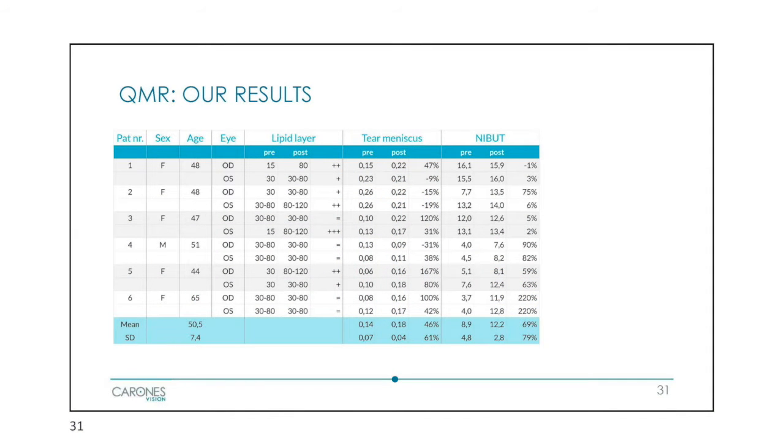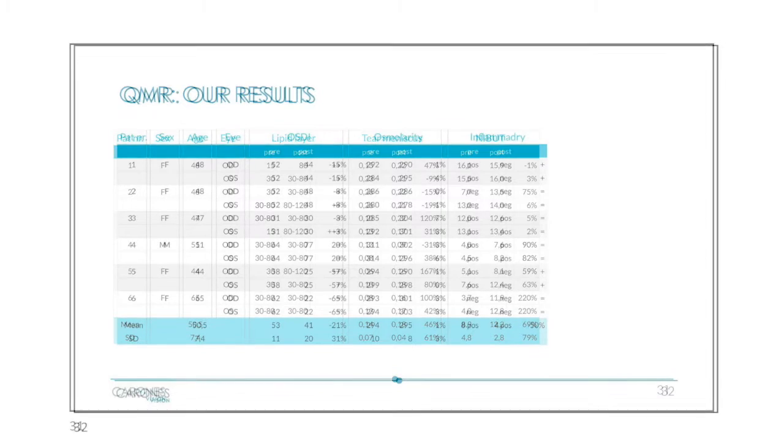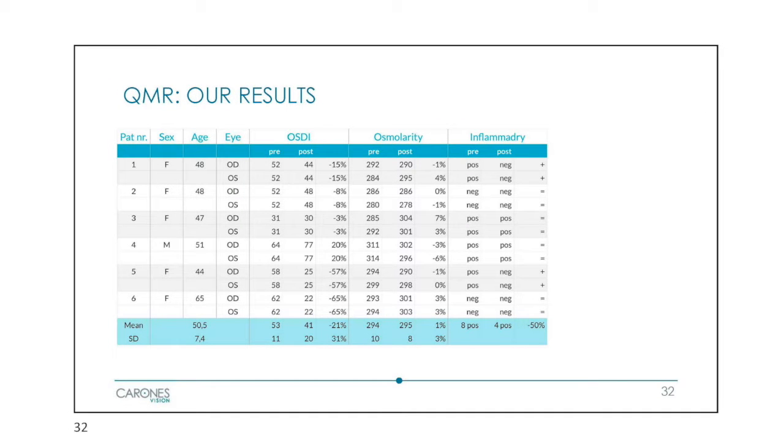As you can see here, these first 6 patients were really difficult cases because all of them had a very poor lipid layer thickness, a very poor tear meniscus, and very low NIBUT values, and also the questionnaire was really bad with a lot of complaints, and the inflammatory test in the majority of these patients was positive. That means that they suffer from a chronic inflammation.